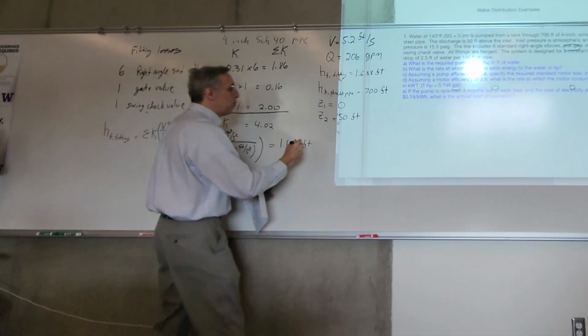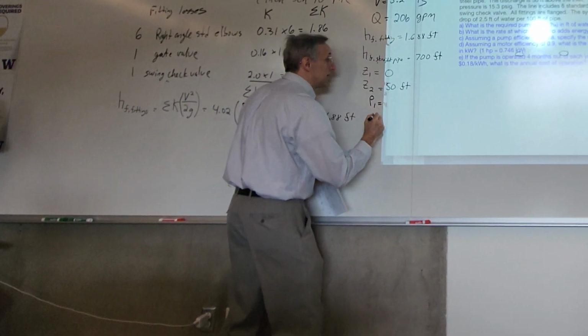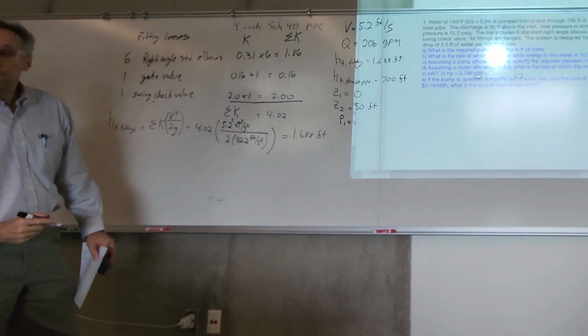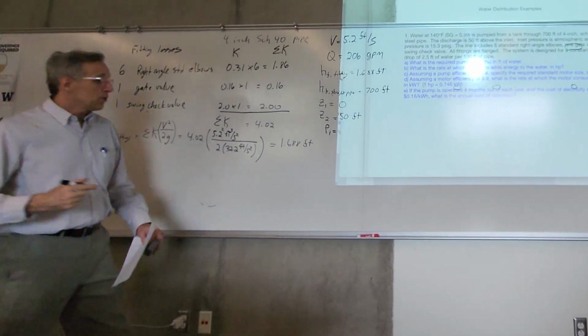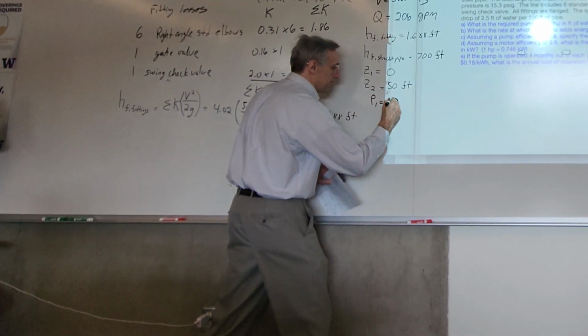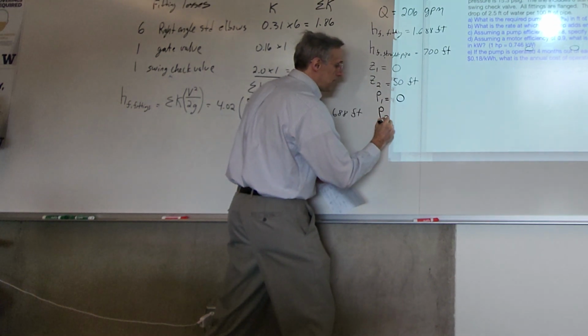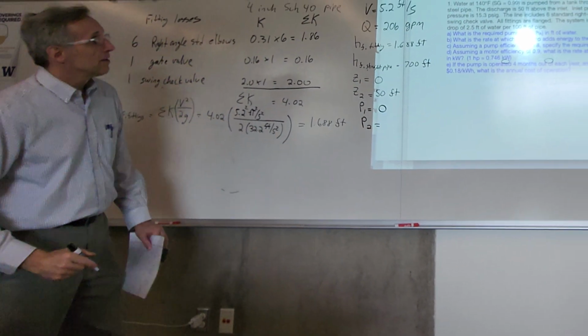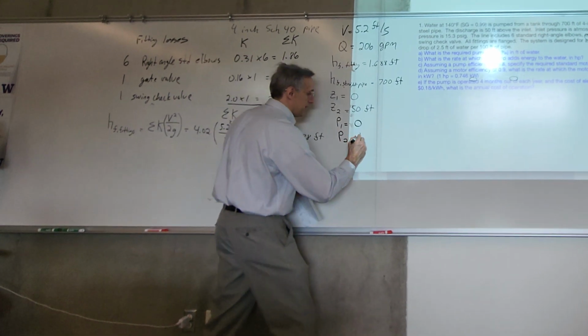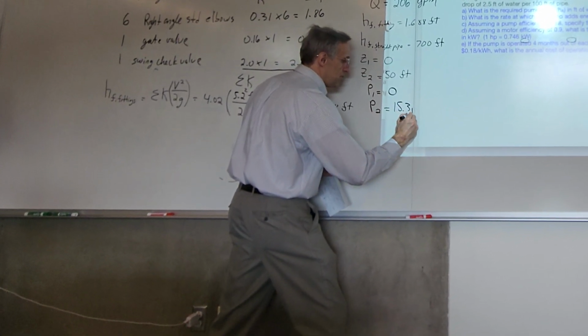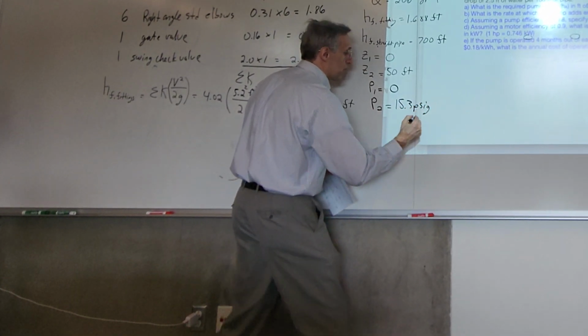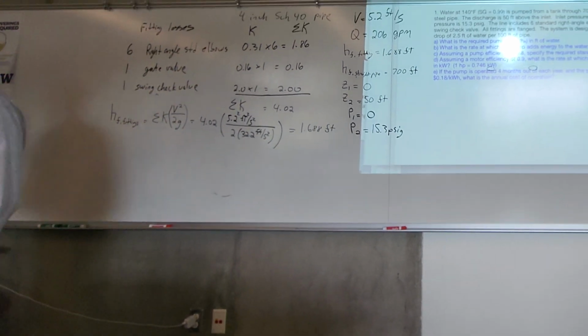Then P1 is atmospheric pressure, which in gauge terms is 0. And P2 is 15.3 psig. So we're going to gain 15.3 psi of pressure.